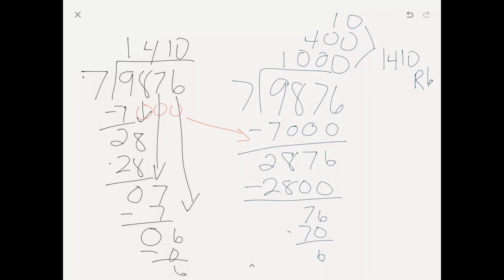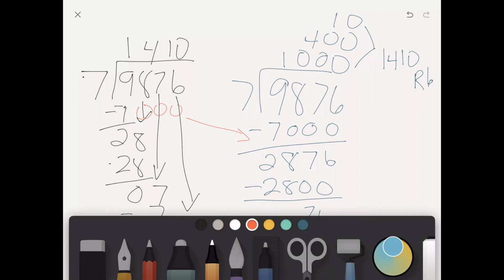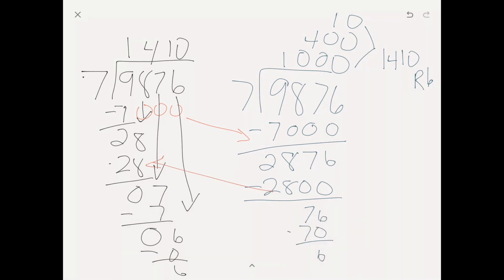So, again, the algorithm is not bad, but it's not the first thing we should be teaching kids. We want to develop their place value. We want to develop their number sense through these strategies so that when they get to the algorithm, they can make sense. They can make connections here between what's happening.